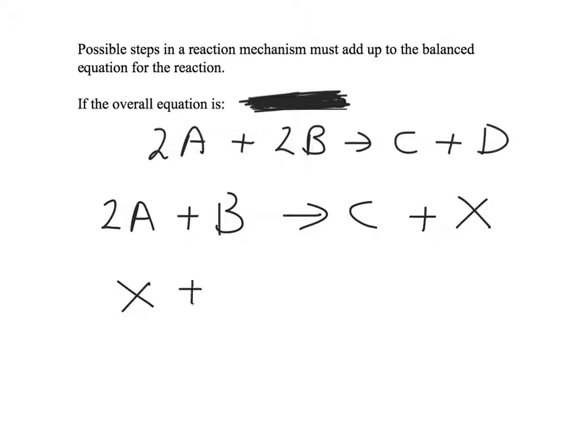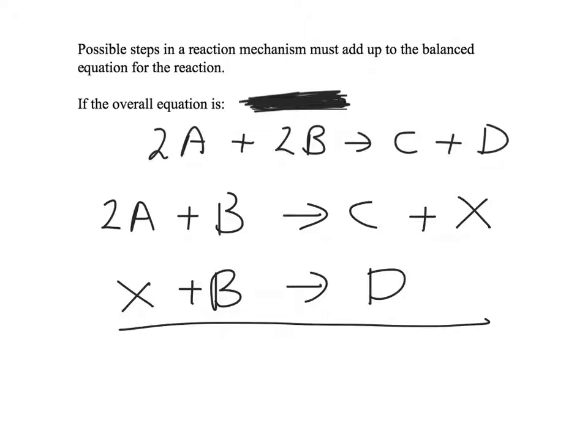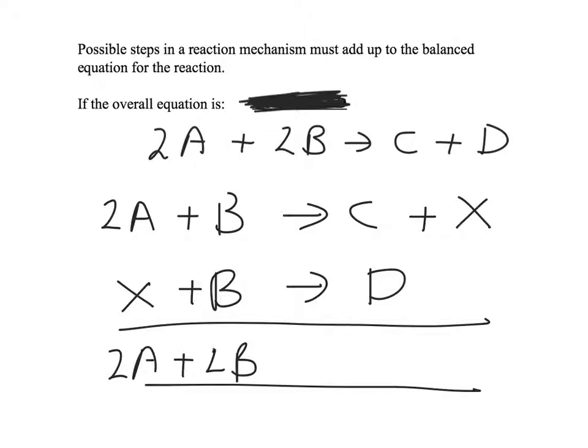So that could be X plus B gives me D. Now if you add these two equations together, you will see it becomes 2A plus 2B goes to give me C plus D, like so, and X cancels out. And for this one, this step is slow and this step is fast.